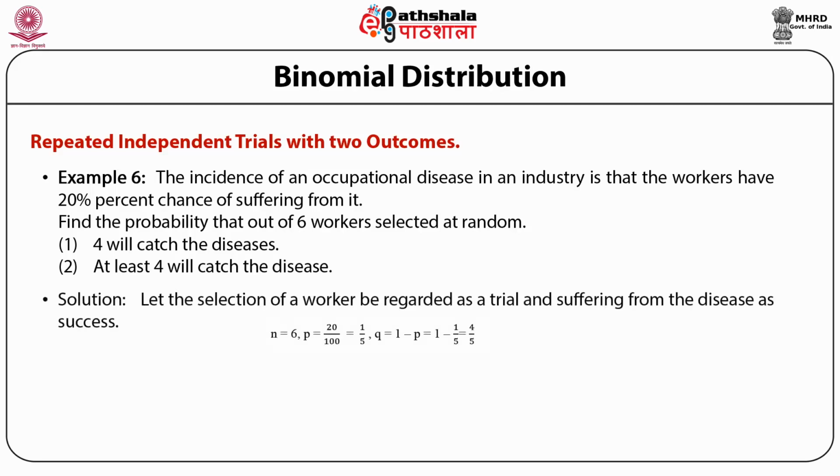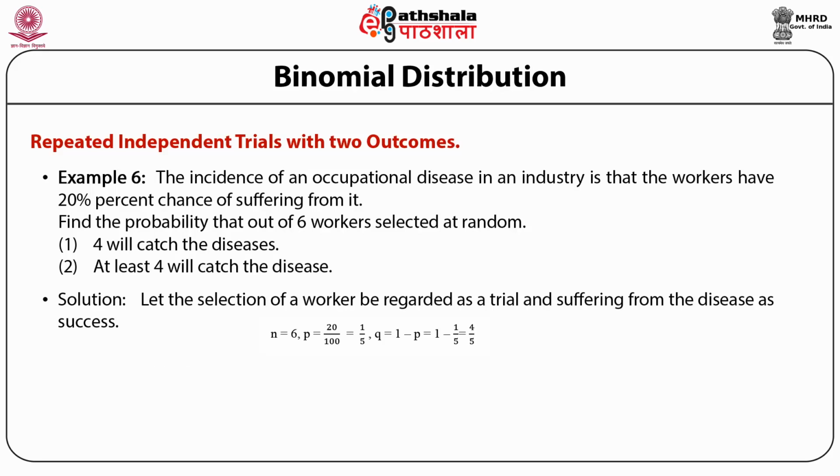Let the selection of a worker be regarded as a trial and suffering from the disease as success. If n denotes the number of trials, p the probability of success, and q that of failure, then n as given is equal to 6, p is 20%, so 20 upon 100, q is 1 minus p, that is 4 by 5.